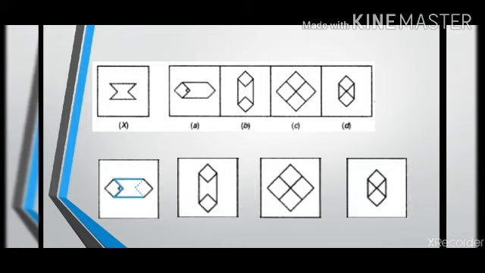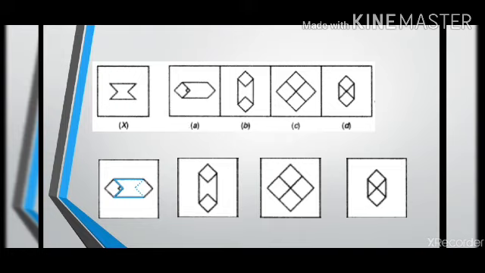Now in all the other options you can see there is no horizontal line at all. Because I don't have any other option, I am rotating the figure by 90 degrees. If I rotate the figure, what will I get? I'll want two vertical lines instead of two horizontal lines.